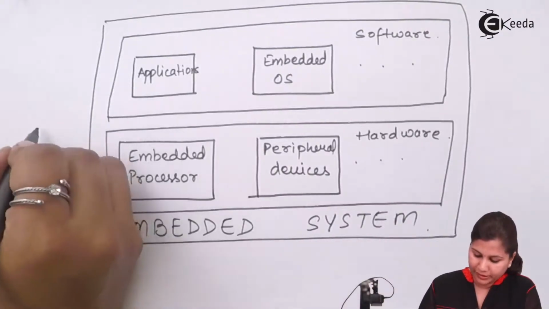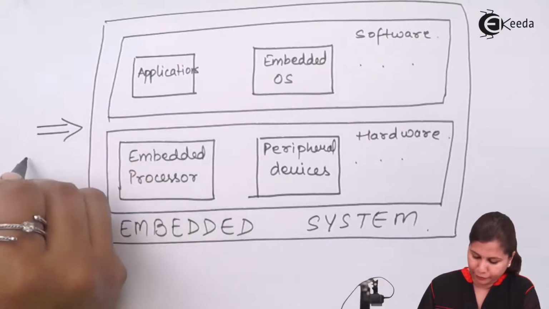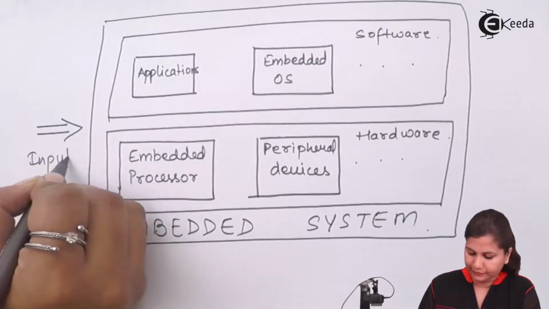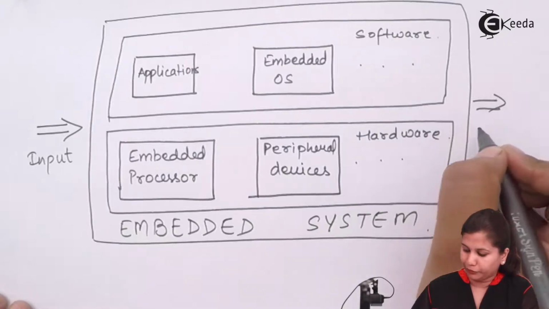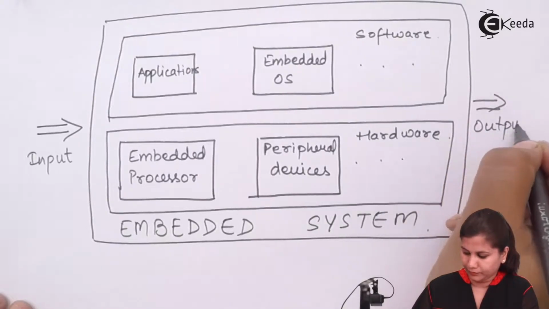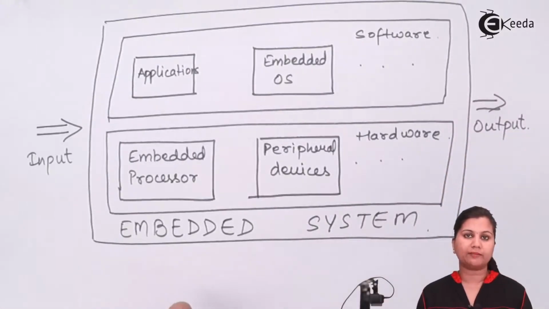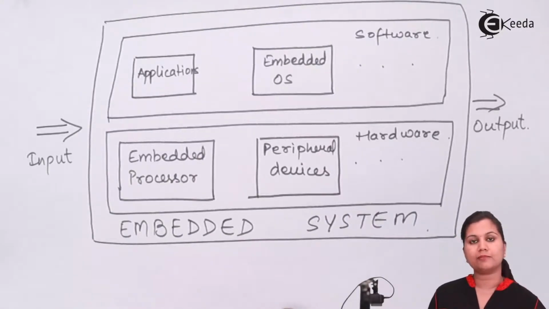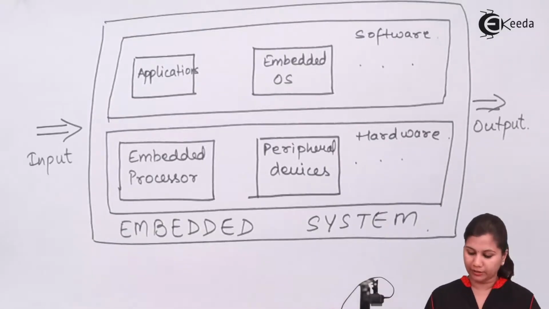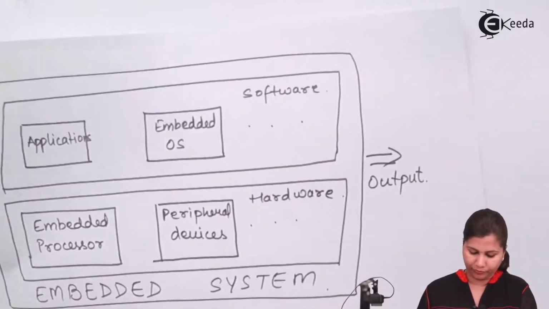Now to the embedded system, we will have an input and an output, just like in a computer system. The hardware and the software part of the embedded system deal with the input and the output.